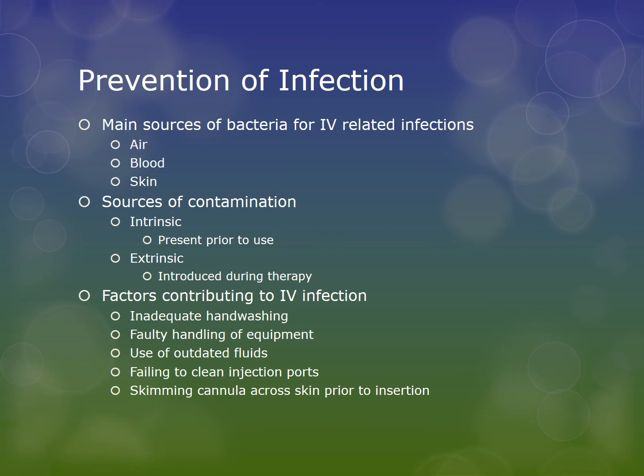Now, it still happens sometimes. If blood gets up and around that hub and sits on the patient's skin, that is a big area, because what is that? It's wet, it's going to be warm, and let's face it, blood has all the goods that a bacteria needs to survive on. So that would be a way to contaminate.